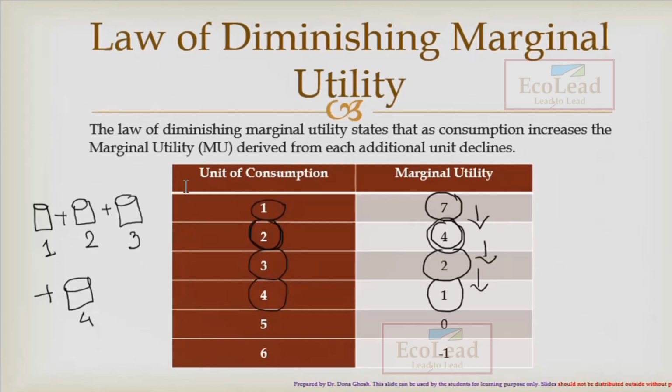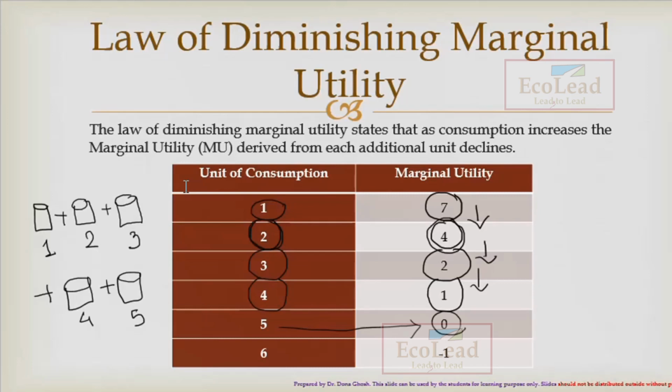Now you reached a situation where if you take one more glass of water, you will not get any additional satisfaction. So the 5th glass will not give you any satisfaction. So here the marginal utility became 0.